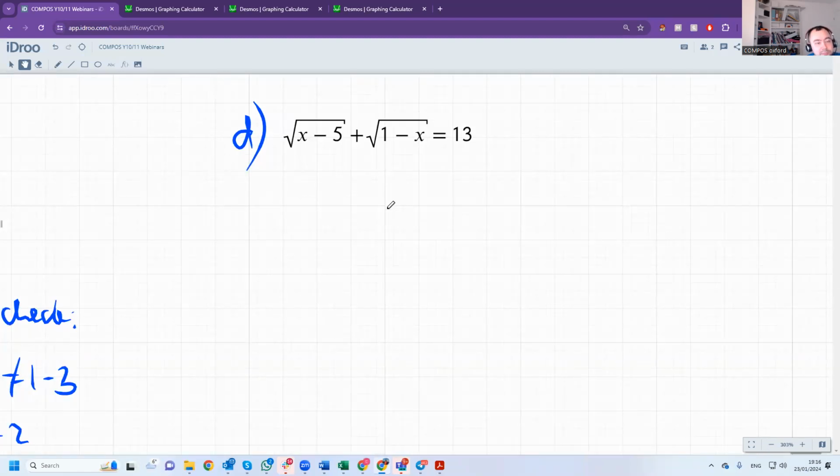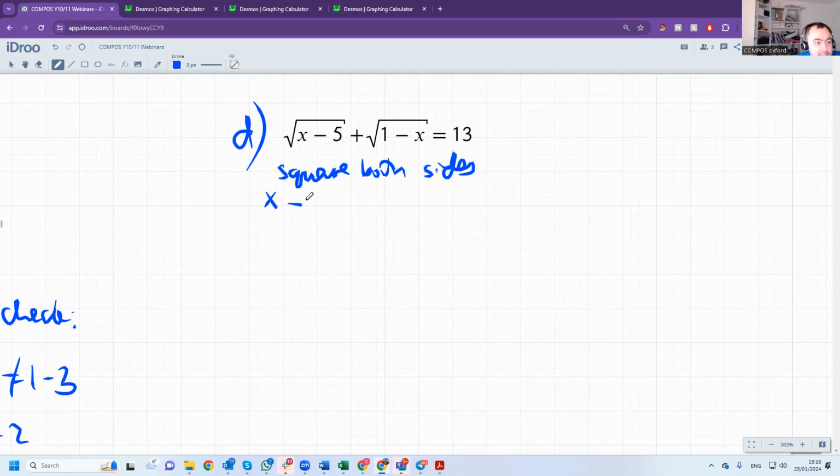Now this one, you would think that you need to square both sides and then square both sides again, because if you square both sides, you still don't get rid of the square roots.